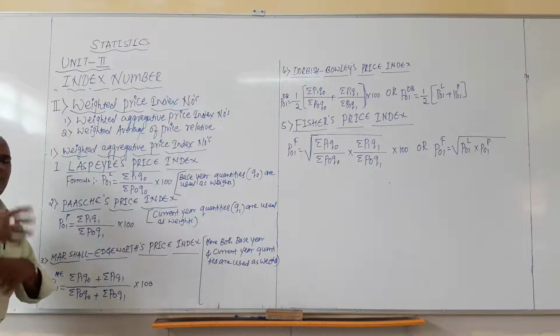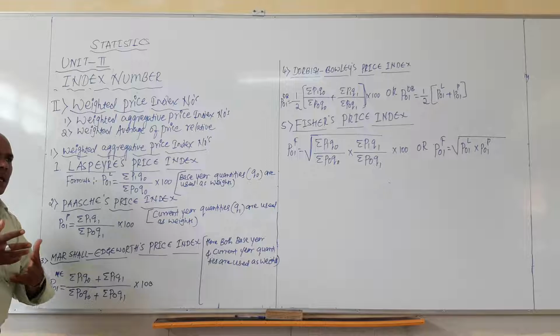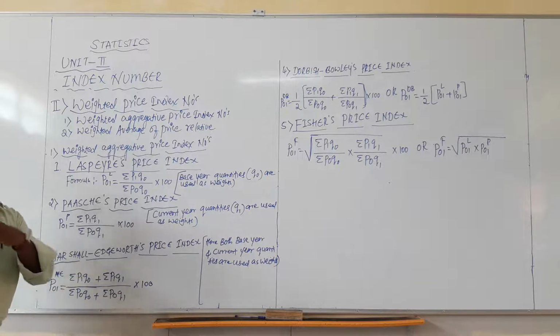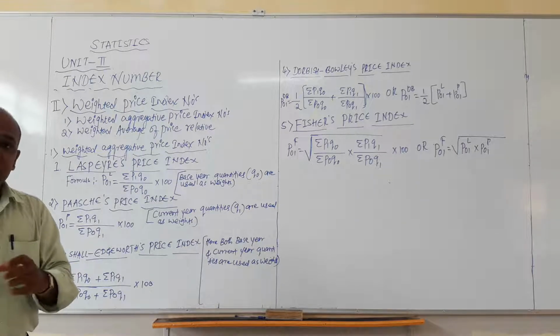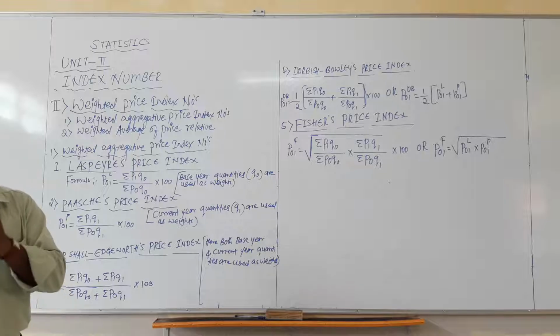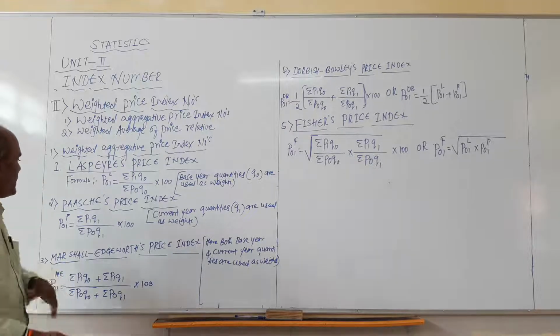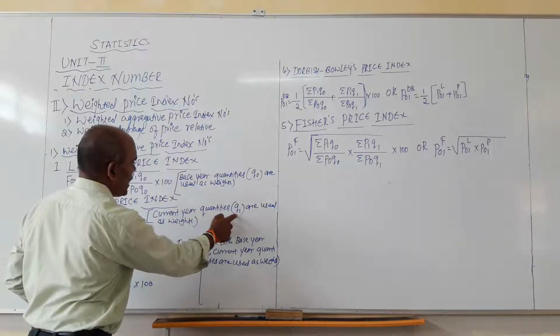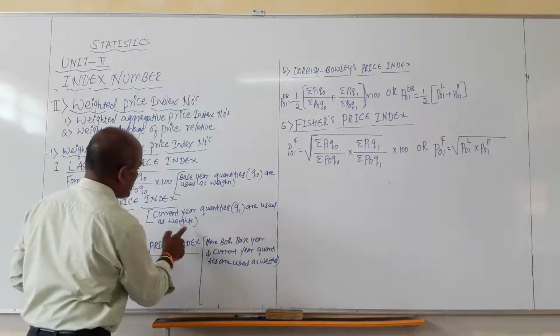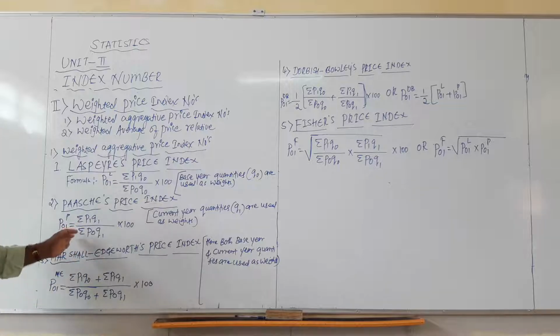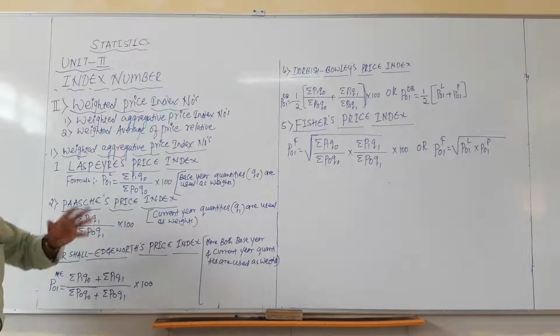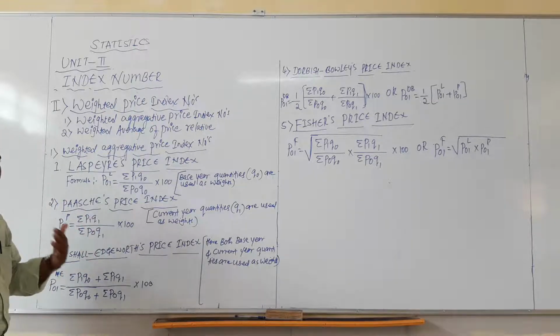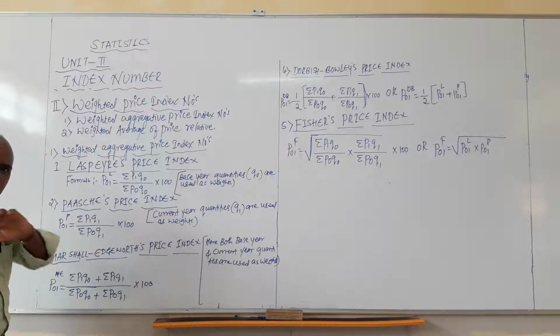As per Paasche's perspective, he took current year quantities Q1 as weights for construction of an index number. So the formula is summation of P1 Q1 divided by summation of P0 Q1 into 100.